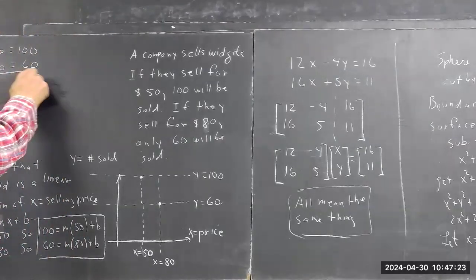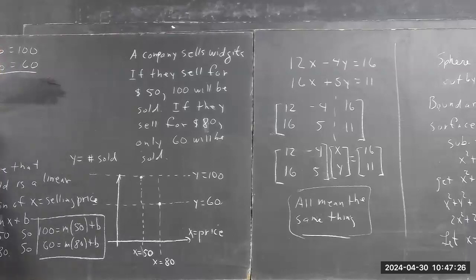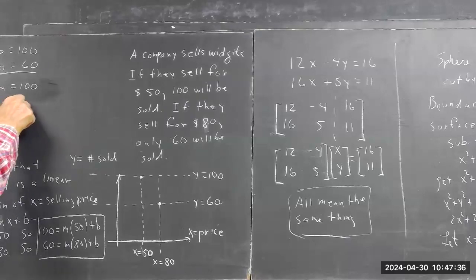So what I'm going to do is write it this way: b plus 50m equals 100, b plus 80m equals 60.